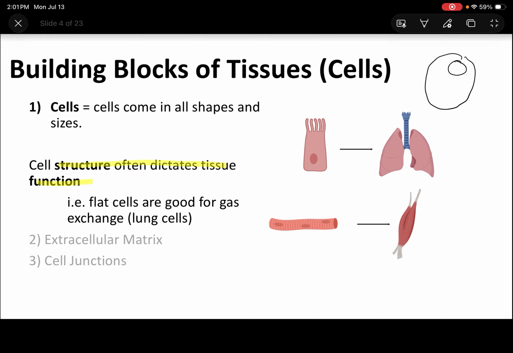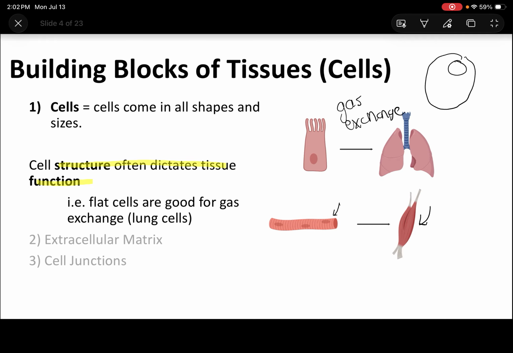You're going to need a lot of energy in these types of cells, so lots of mitochondria and lots of nuclei. These cells need to be tightly packed together, and so you often see them be very striated and packed tightly together. So the structure of the cell often dictates the tissue function. Regardless of where you are in the body, if you think about the function of an organ, you also want to think about what types of cells you would want and what you would want them to look like.